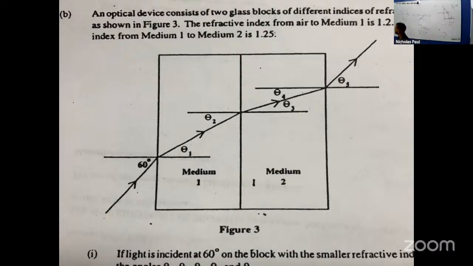Hurry up now. All they gave us is the refractive index of air to medium 1, and medium 1 to medium 2.